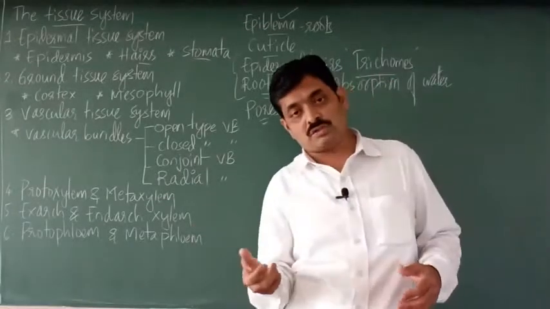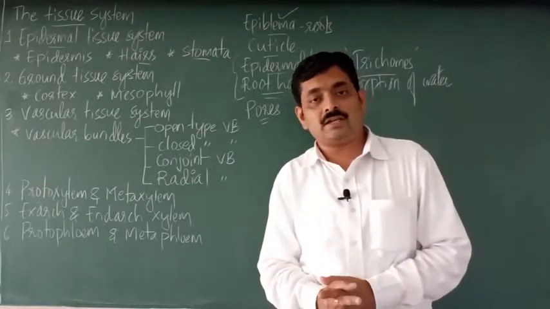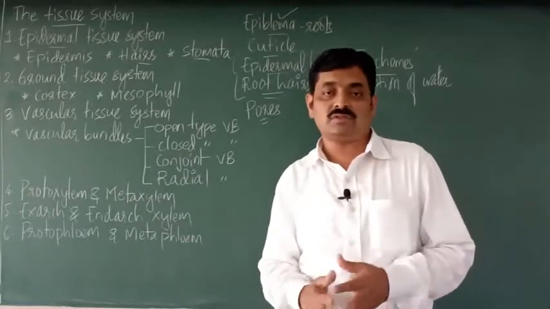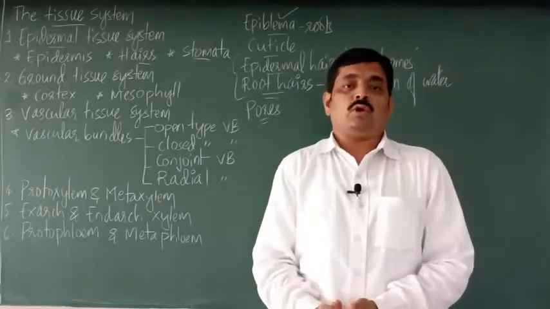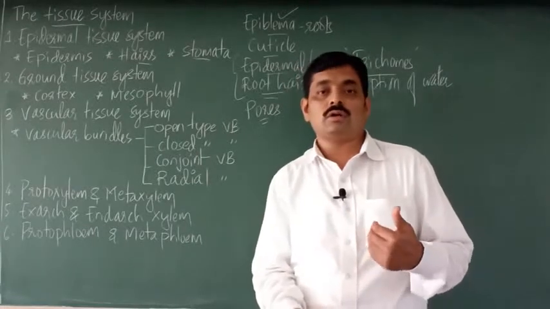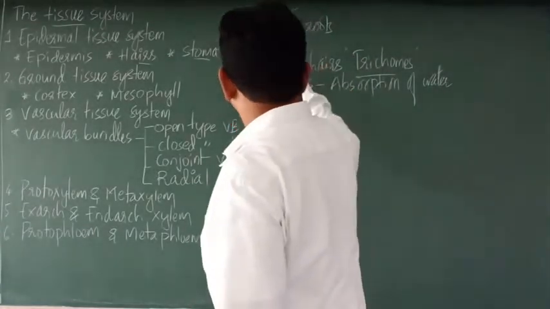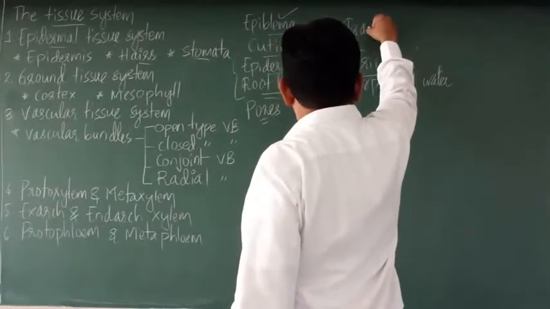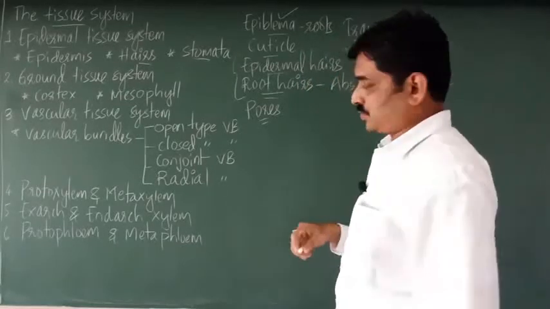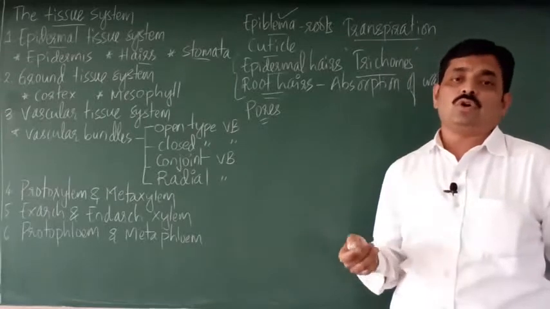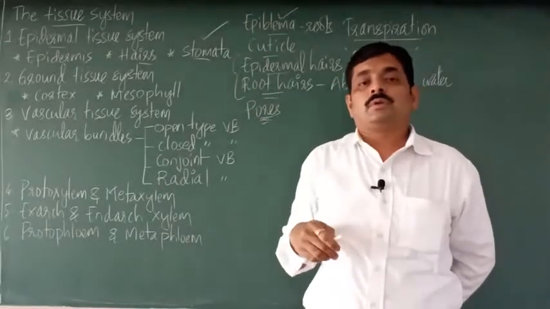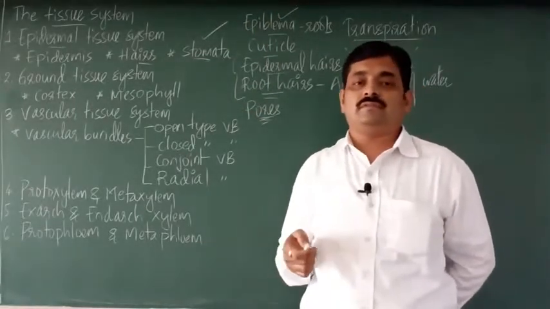Water is lost from the plants mainly through leaves, and that process of loss of water in the form of vapor through leaves is called transpiration. Transpiration occurs through pores which are stomata. So we shall consider the structure of stomata.